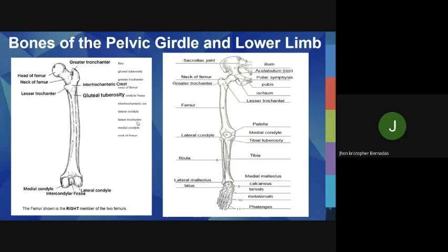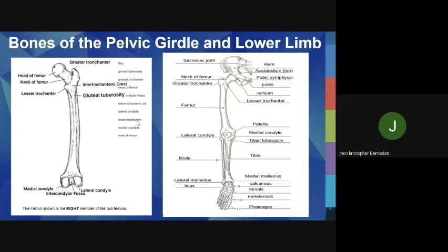Now we have the femur. And below it, we have the lateral condyle. On the middle part, we have the patella. Below, we have the medial condyle and tibial tuberosity. Now we have the fibula for number 6. Number 7, we have the tibia.